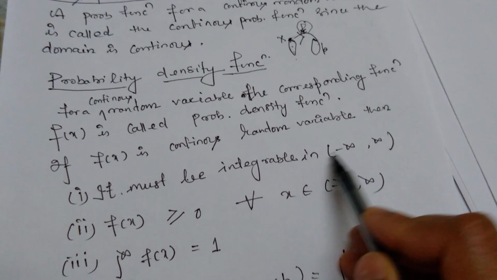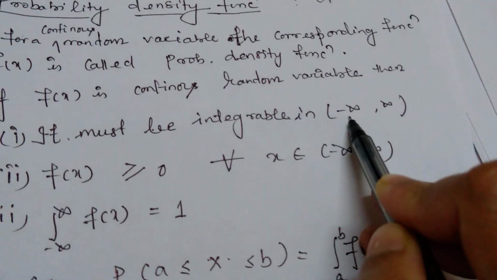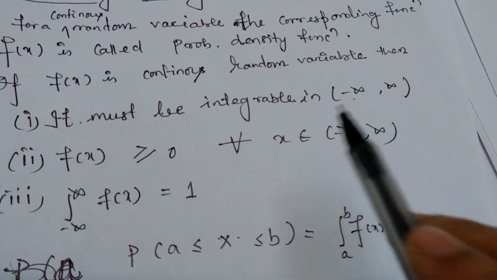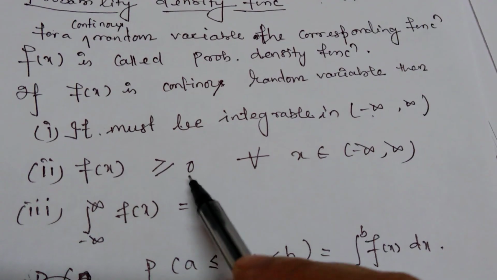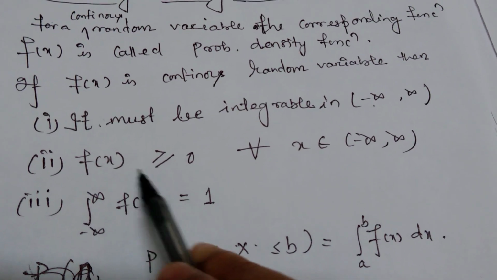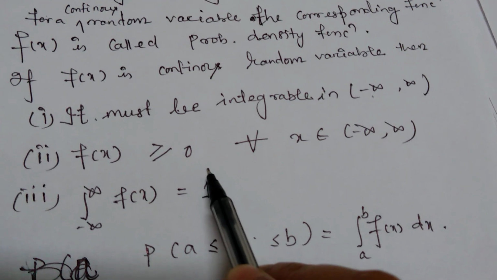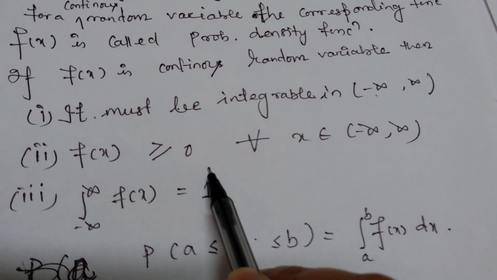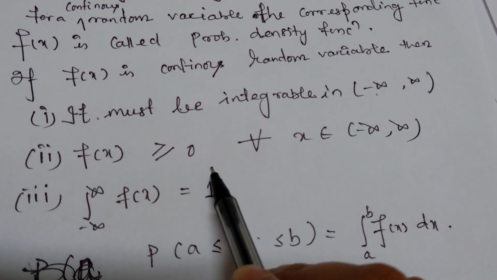First of all, as it is continuous, we have to check that it is integrable within the interval minus infinity to plus infinity. The second one is that the functional value must be greater than or equal to 0. In the case of probability mass function, we discussed that the f of x value must be positive.